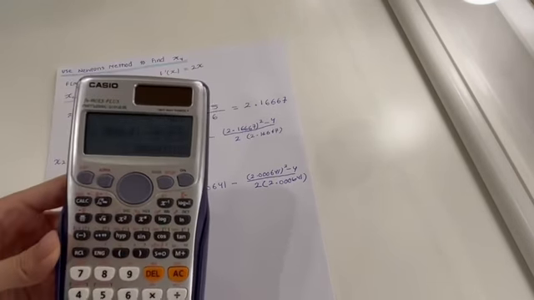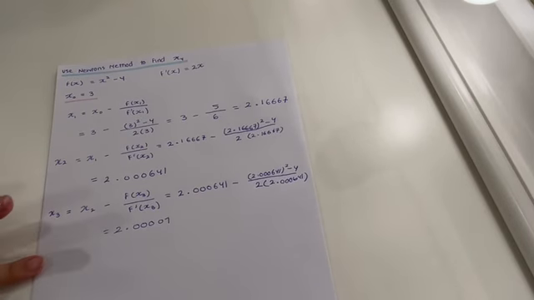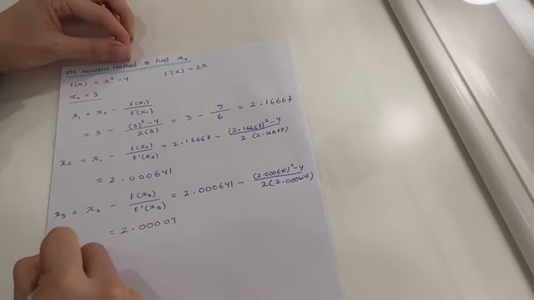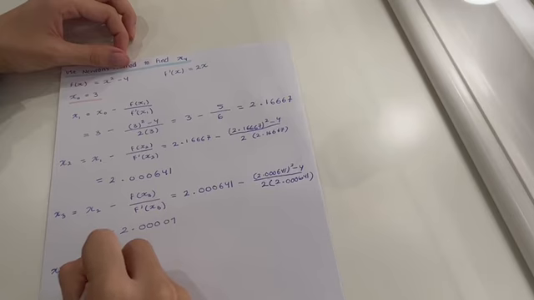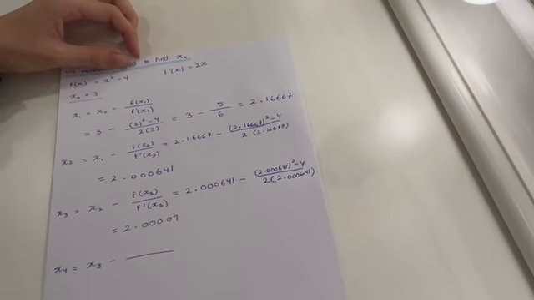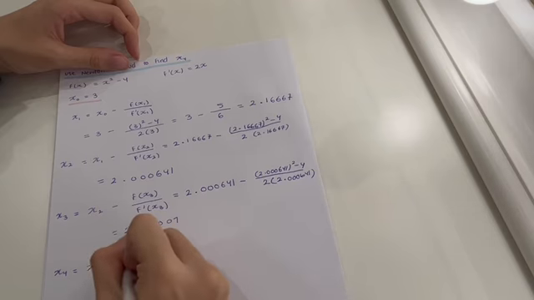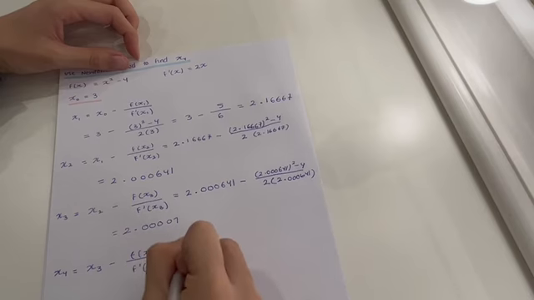And then for our last step, which is what we're finding, x of 4, we're going to do the same steps as we've done, but for the last time. Here we're going to use our value that we found here, and it's going to be f of x4 over derivative x4.